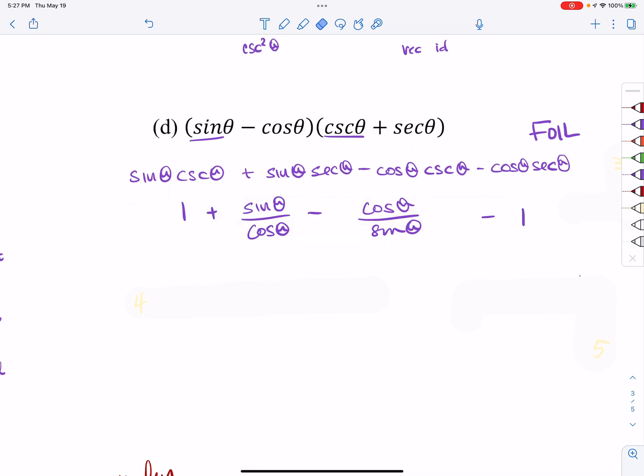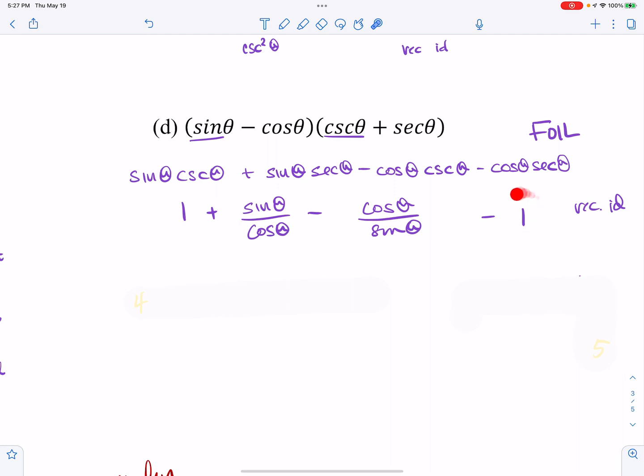All right, the second thing that I did was I started to look at my reciprocal identities. So notice that these two are reciprocal identities of each other. So sine times cosecant is always going to equal 1 because they are reciprocals of each other.